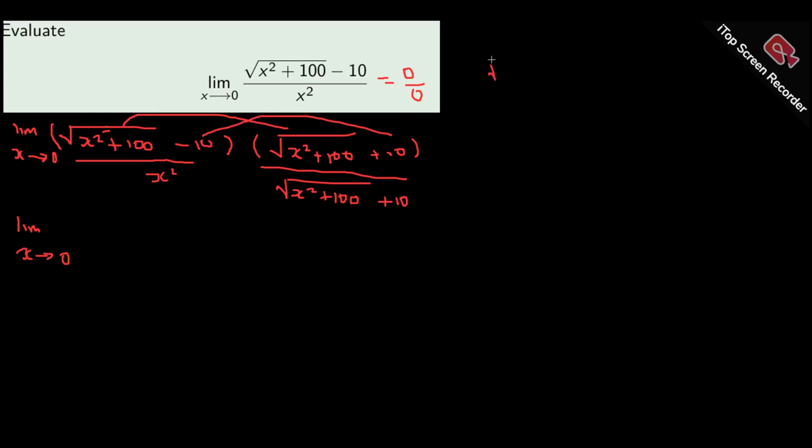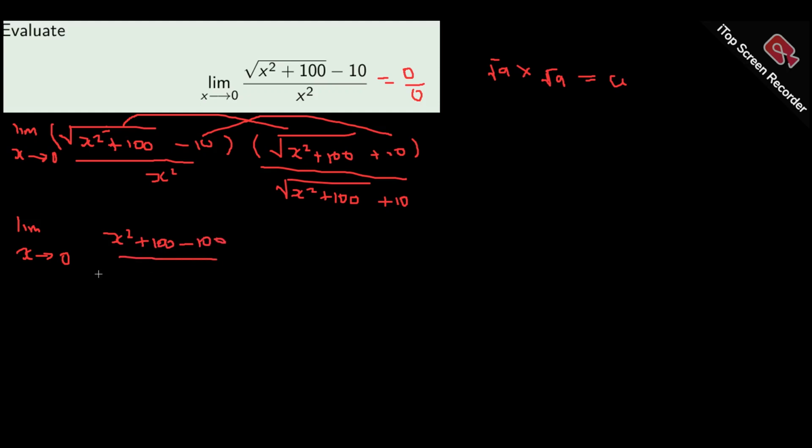Whenever you are multiplying the roots of certain numbers and they are the same numbers, the answer is just equal to the same number. We can see that this guy and this guy are the same. So we're just going to have x squared plus 100. Then negative 10 times 10, that is negative 100.